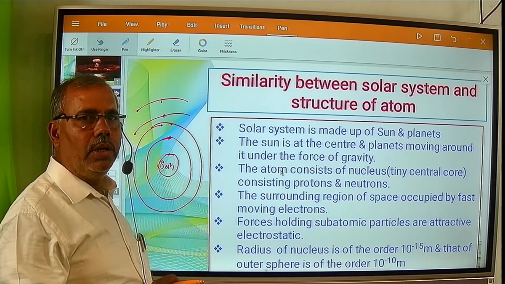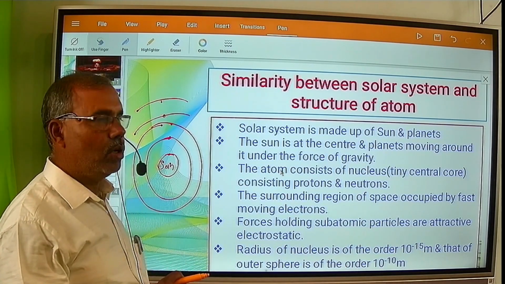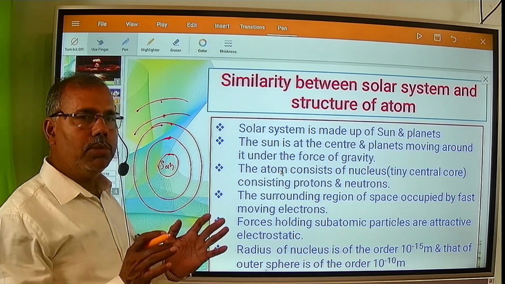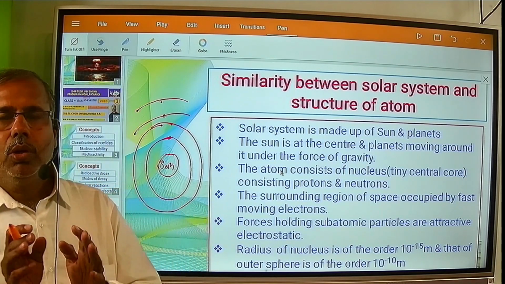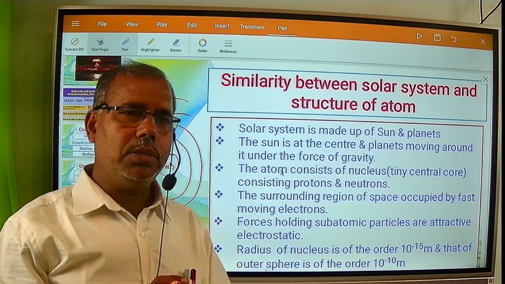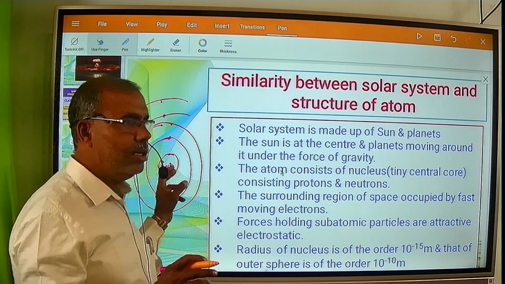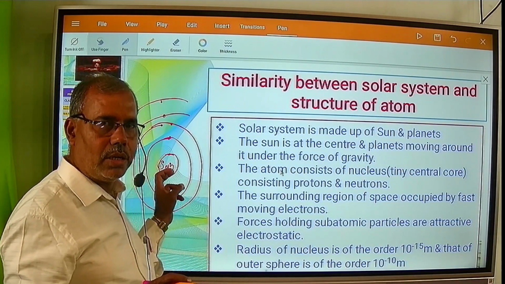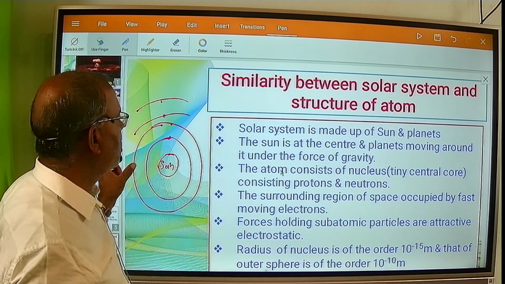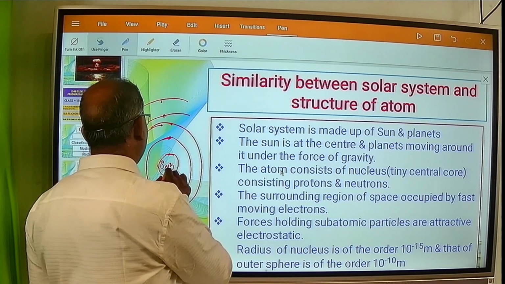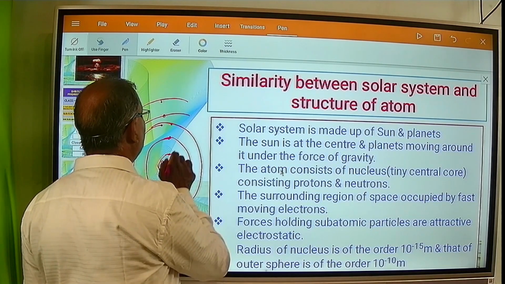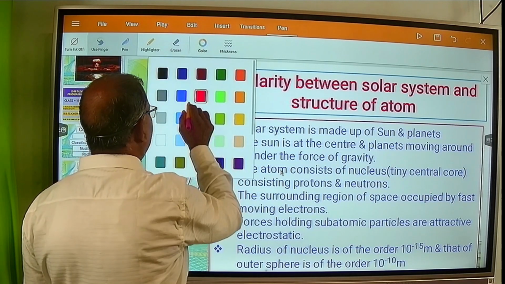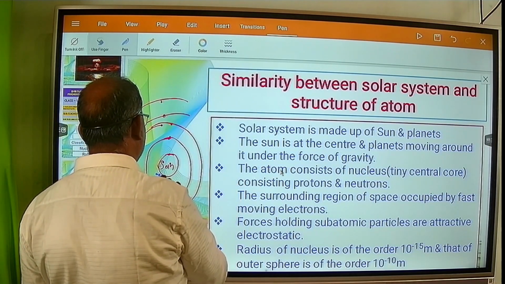Then the radius of the nucleus is of the order of 10 raised to minus 15 meter.